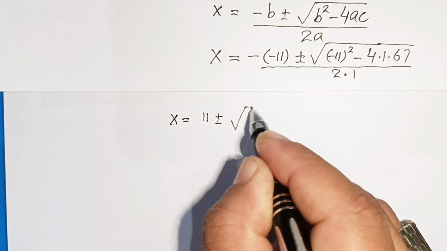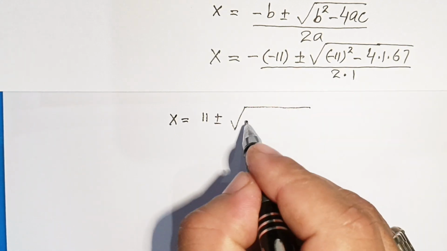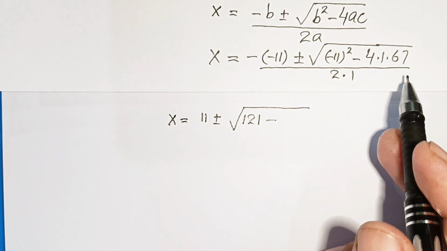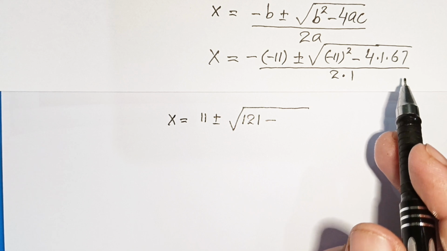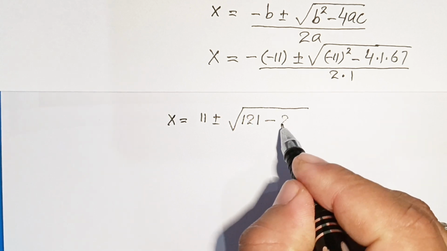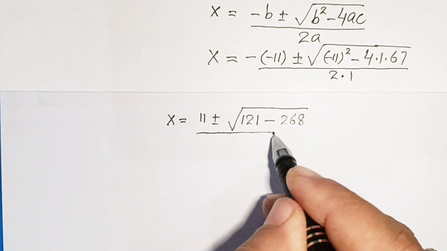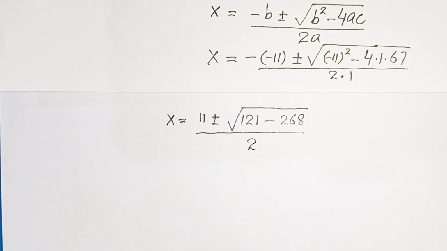Now our next step is, here x is equal to minus times minus is plus 11 plus minus square root of 11 squared, which is 121, minus 4 times 67. So 4 times 67 is 268, all over 2 times 1, which is 2.